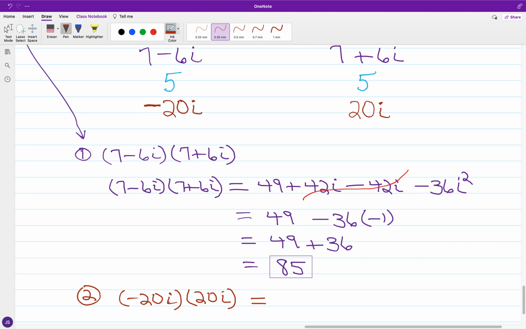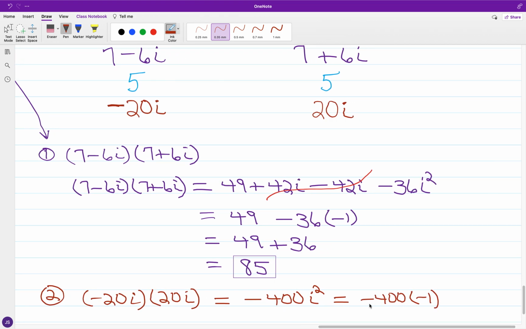And if I multiply together, you have negative 20 times 20 is a negative 400. i times i becomes i squared, and i squared we have at negative 1. And so we got negative 400 times negative 1. Negative times negative is a positive. And for this output, we end up at 400.